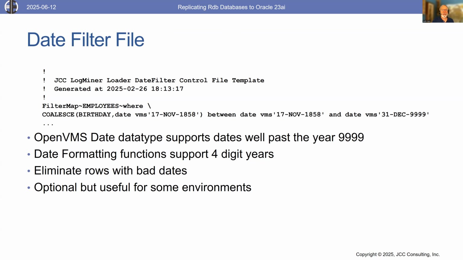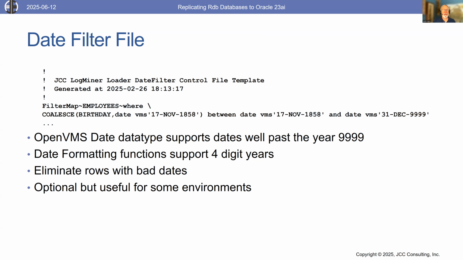However, the date formatting functions only support 4-digit years. So if you end up with data that's in the year 10,000, then we're going to get an error when we try to replicate that date because we're going to truncate the year.